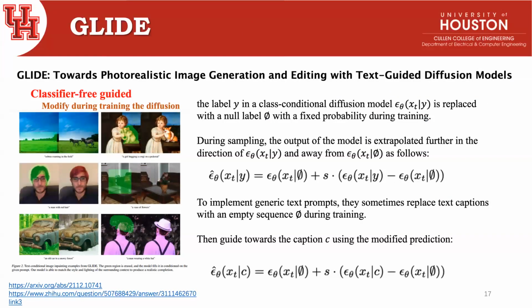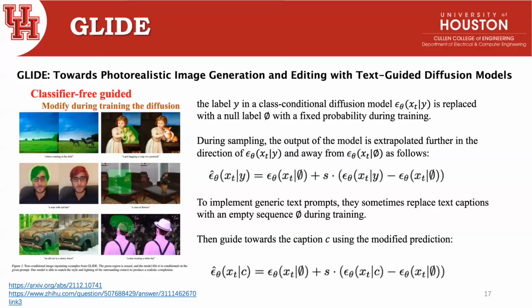And the guide from OpenAI, they also do some classifier-free guide. So as you can see, when you have to generate cat pictures or dog pictures, this category has to be in your data set. The classifier you train only contains dogs and cats.